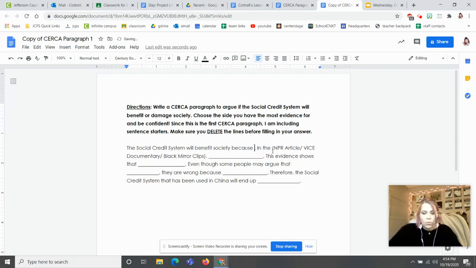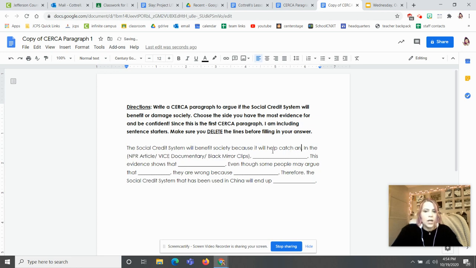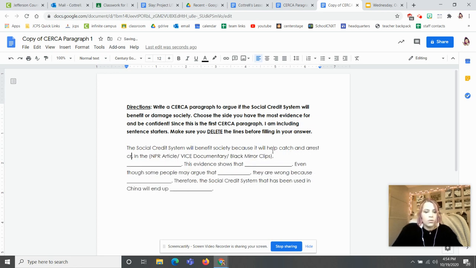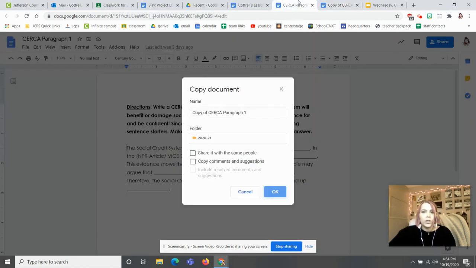My reason was it will help catch and arrest criminals. So you see, I deleted the lines here and replaced it with what I was writing. And I deleted the parentheses. So make sure you delete that stuff and just replace it with your own words.